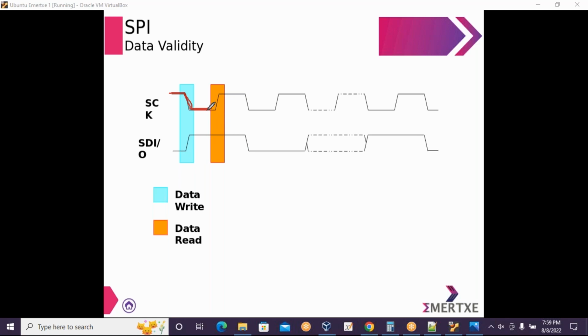And whenever there is a transition from low to high in the clock line, all the devices are going to read the data.